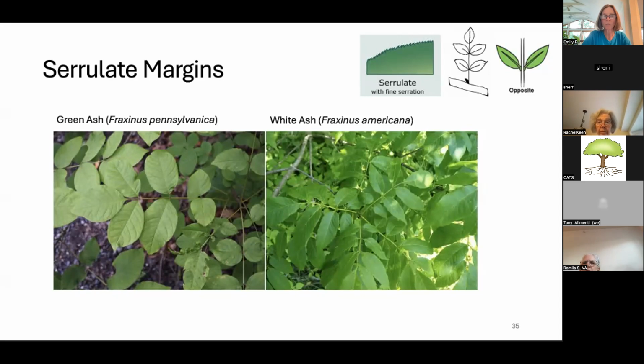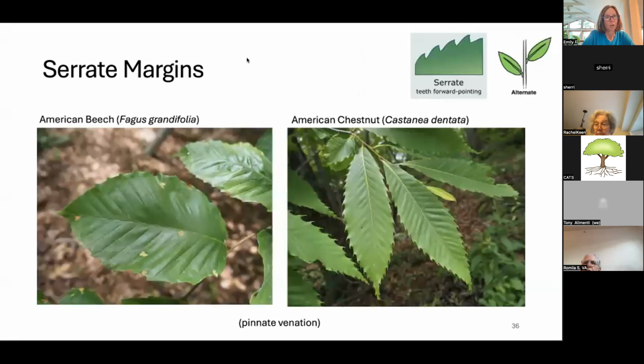But these are also cerulate on the edge of their leaves. Sometimes I think that the green ash is a little bit more entire, but this is where the books put it. So I want to not be wrong. Serrate margins. So these teeth are forward pointing and they're bigger. We see them on the American beech here, as well as on the American chestnut.